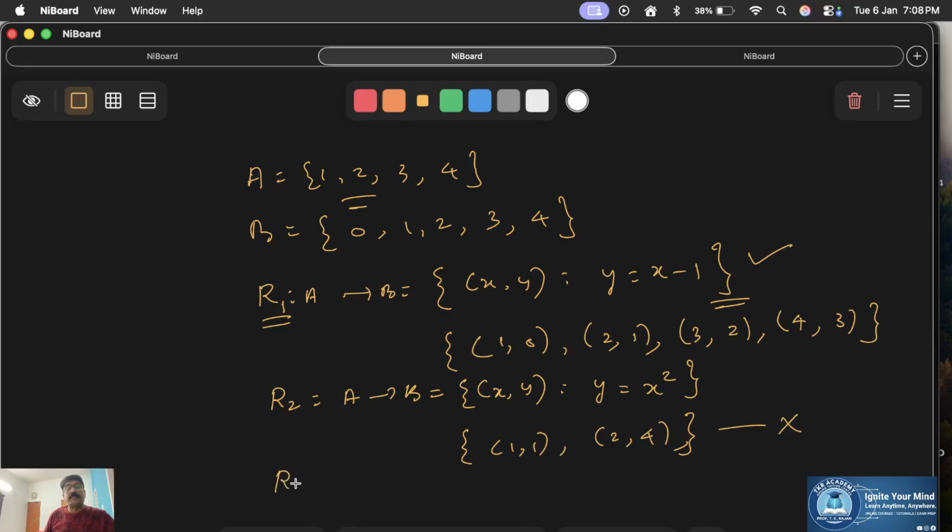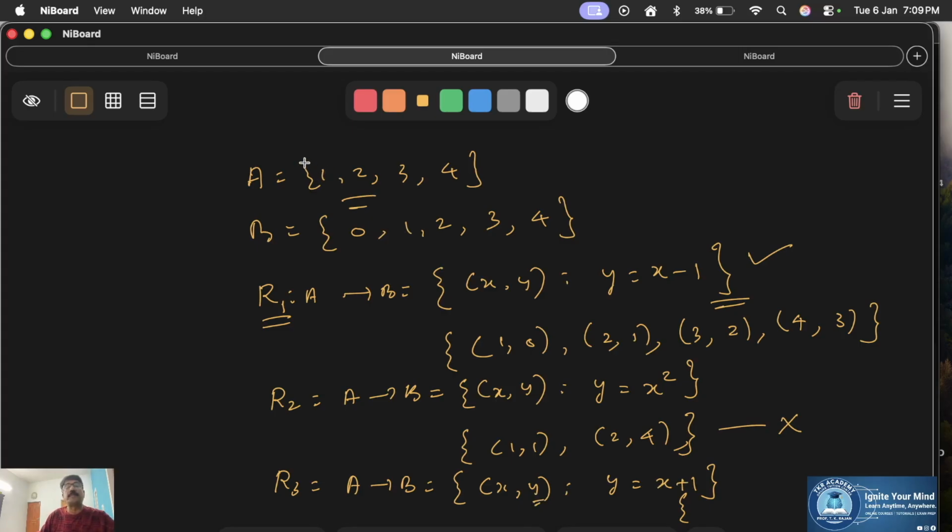Now let us define another function R3 from A to B by the set of all the pairs x, y such that y is equal to x plus 1. When you try to write the pairs in tabular form, what are the elements? The image of x is y, which is x plus 1.